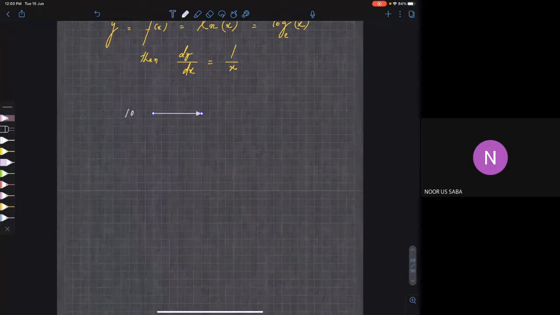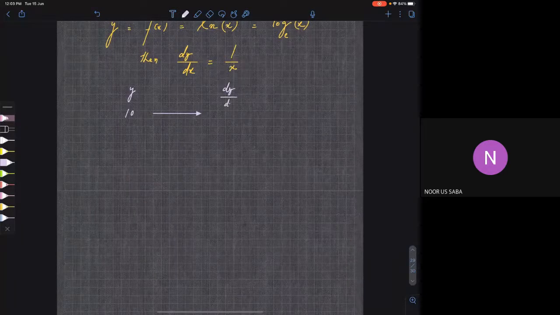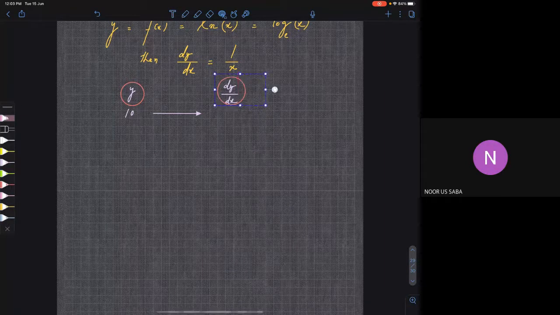This is y and this is dy by dx. 0. Very good. So this is 0. Clear?